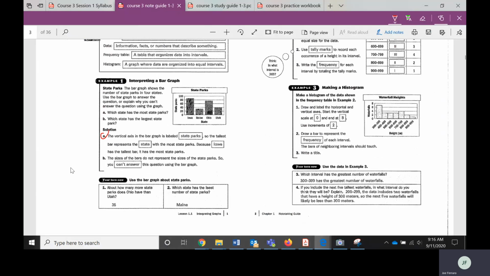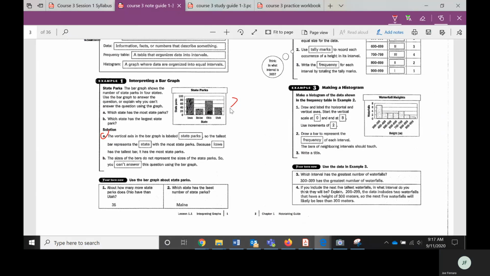Now, again, I'm using the teacher's edition of this, so we don't have to fill in every little blank. The one problem is that when it says your turn, these are already done, but we'll discuss them just so you get some other examples in. Number 1 says, about how many more state parks does Ohio have than Utah? So you have to look at Ohio and Utah.